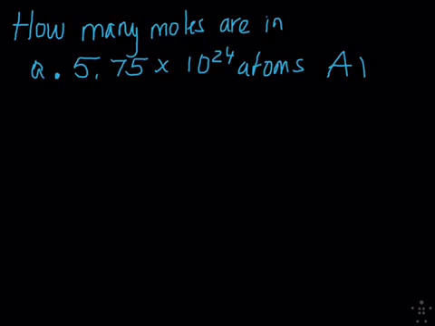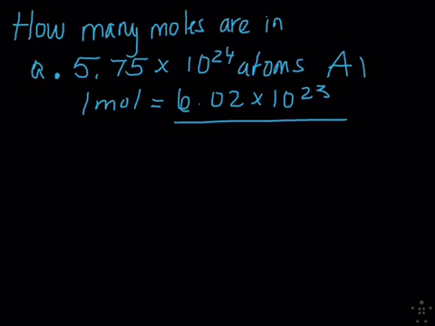So again, this right here is the key to the problem. And if I know that I have 5.75 times 10 to the 24th atoms, and I know that 1 mole is equal to this many atoms, can't I just take this number divided by my 6.02 times 10 to the 23rd? Give me my answer? Yes, you can.